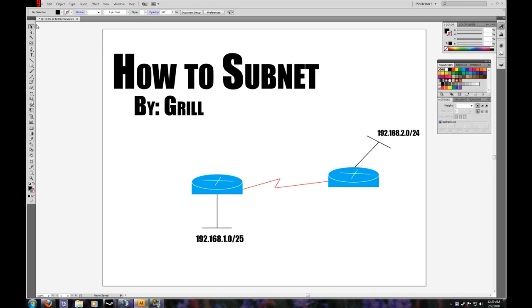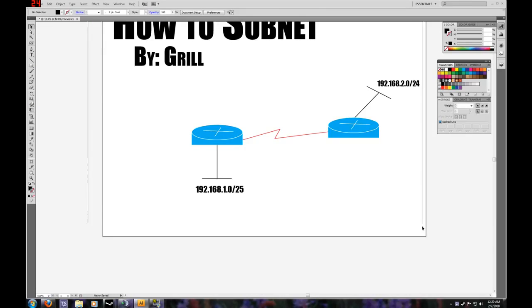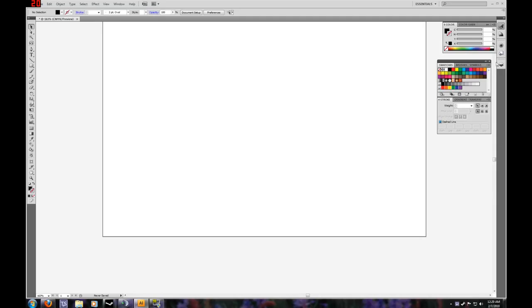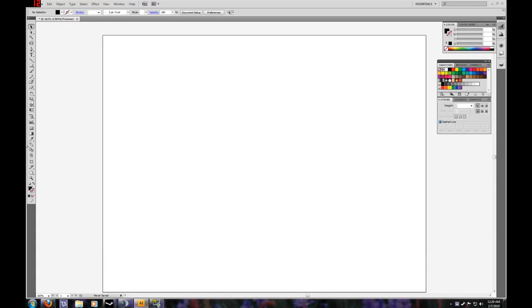So to begin, we're going to start off by using a little table that I use that really makes the process of subnetting a lot easier. What I do is I always draw this out or write it out.